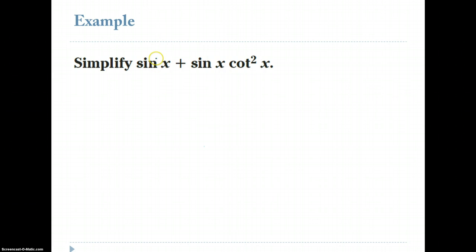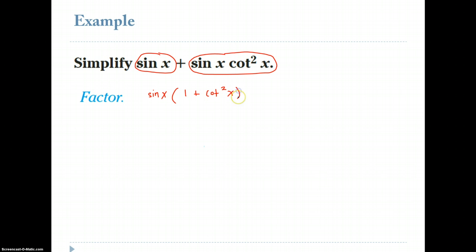Well, right away I might notice that this term and this term both have a common term. So right away I might notice that I can factor out sine x. This leaves me with sine x times 1 plus cotangent squared x.